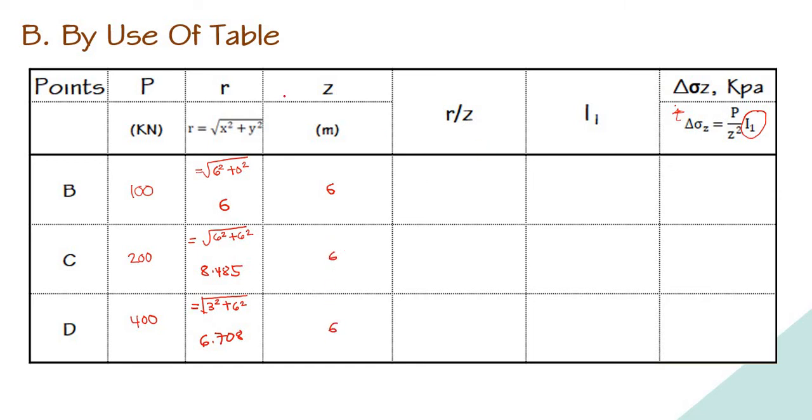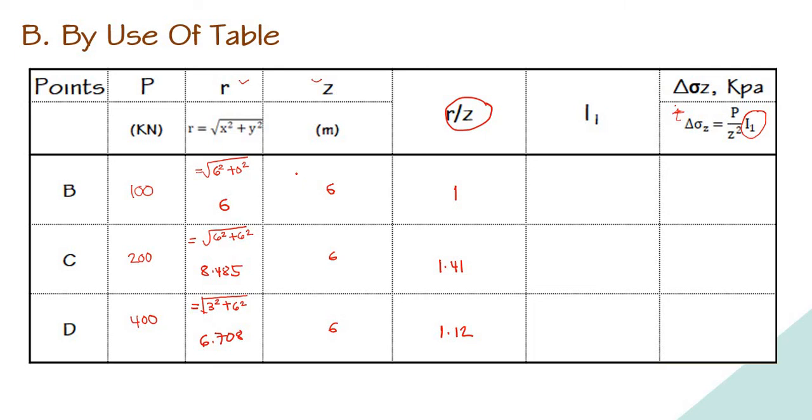From there, R divided by Z: 6 divided by 6 is 1. 8.485 divided by 6 is 1.41. 6.708 divided by 6 is 1.12. Since we already have the value of R divided by Z, we can get the value of I1.